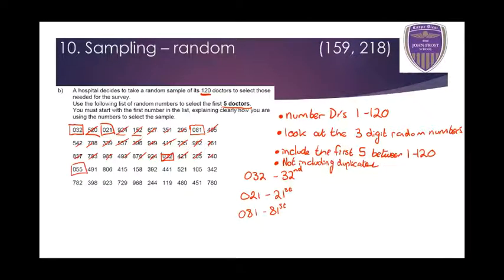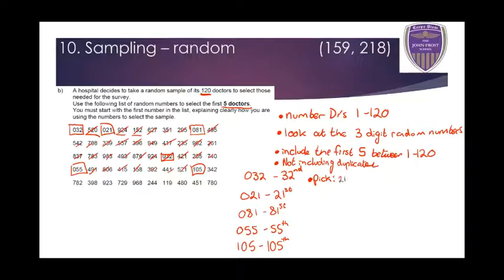We've got 055. So that's going to be the 55th doctor, and then keep going until we get to 105. So that's going to be the 105th doctor. Then the final point of our bullet point is we'll start from the lowest number. That makes sense.